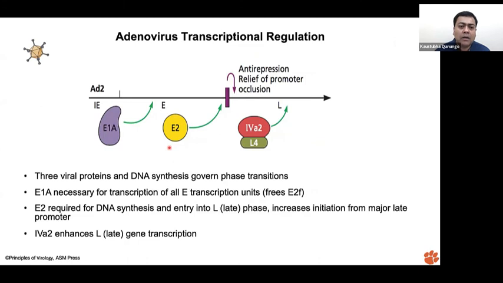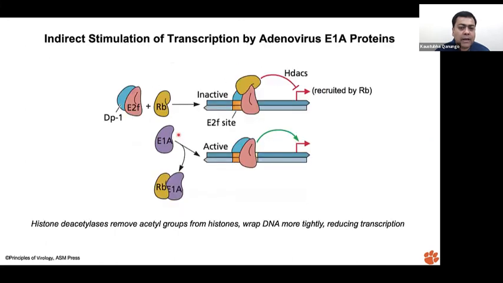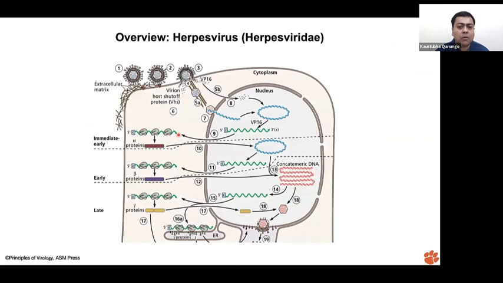Right here, this is completely with the presence of just one host protein. This is the E2, the host protein. But here, you are going to see that the virus is going to bring in a factor. So what happens? Let's take a look.